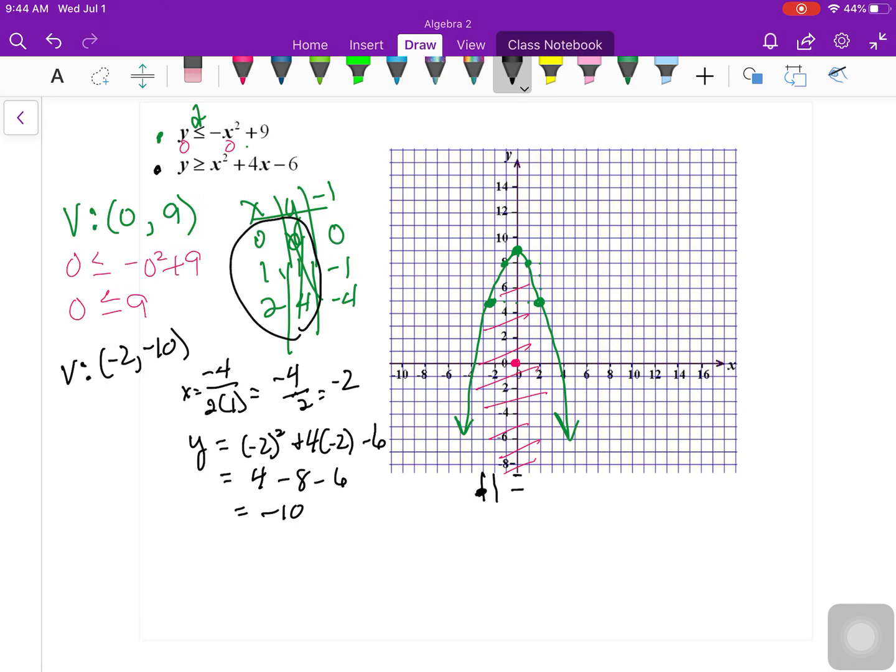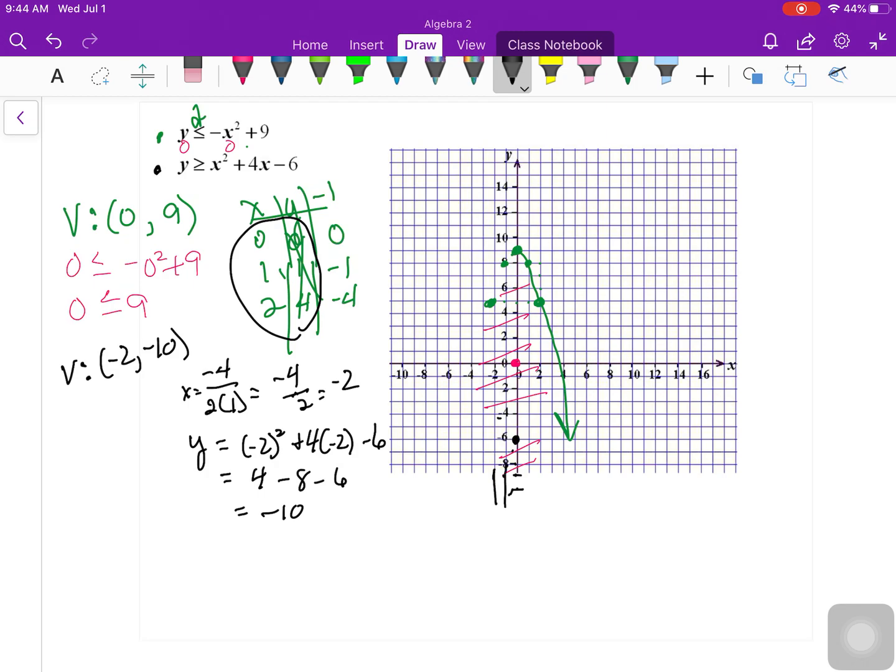Right there. And I'm just going to use this. So 0, 0, 1, 1, and symmetrically, and 2, 4. Oh, I think I'm off a spot here.